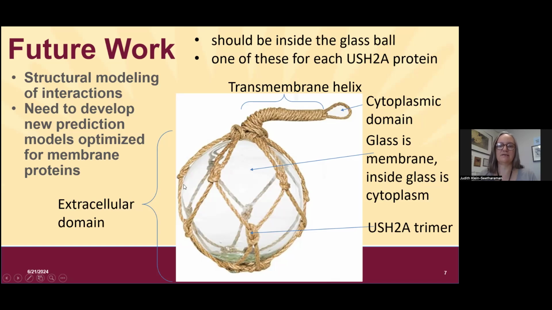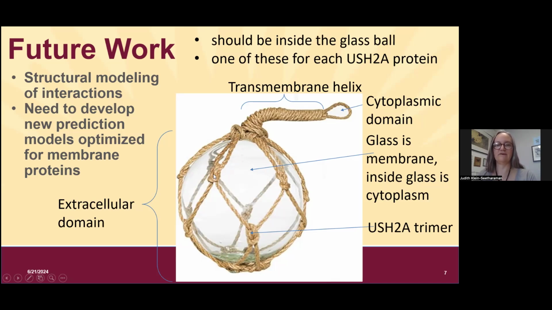So if you imagine the glass ball is the cell and the glass is the membrane, the large extracellular portion would be sitting outside of the membrane, embracing it and having a major structural impact onto the cell. And we believe that there are interactions between individual domains of multiple Usher proteins. So although Usherin itself is already such a large protein, we believe that it will make interactions with other proteins.